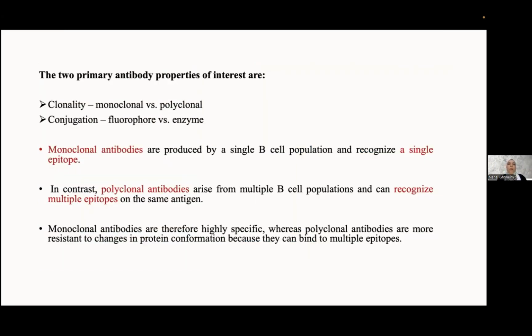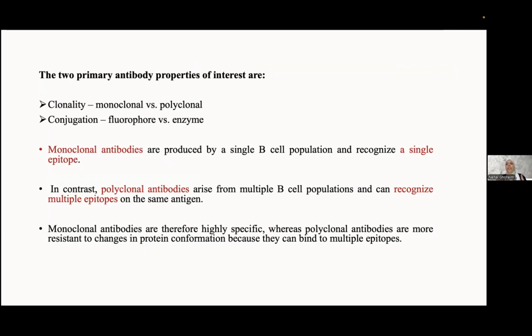So as we mentioned before, non-specific binding can be due to the polyclonality of the antibody. The primary antibody could be monoclonal or polyclonal.